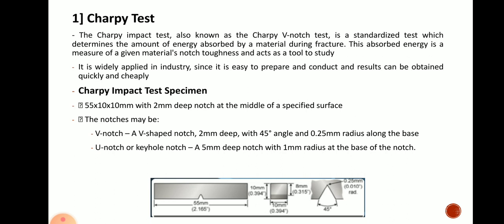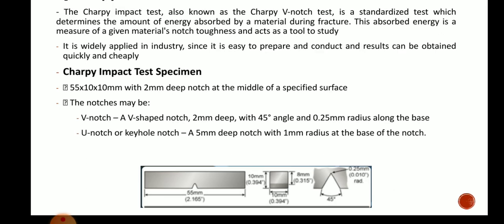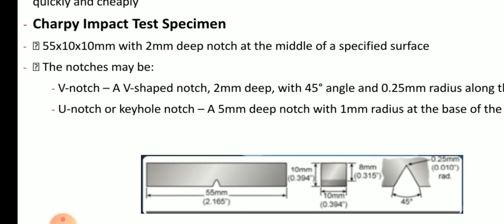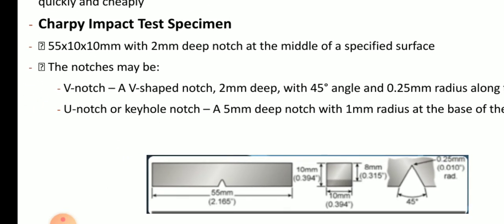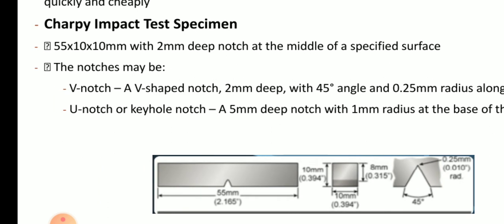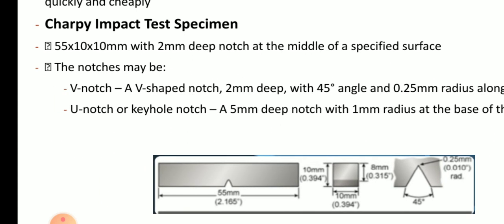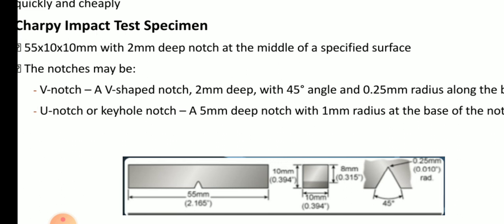So what sample do we take for the Charpy test, that we will see now. In the diagram you can observe the test sample we have taken, with a length of 55 mm and a cross sectional area of 10 mm by 10 mm, with a 2 mm deep V notch at exactly the center or middle of that test specimen.